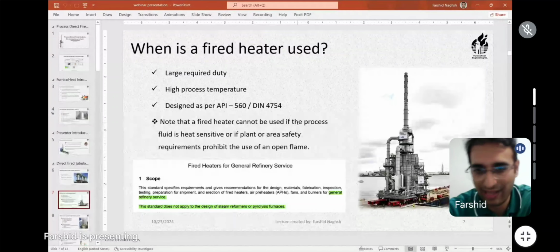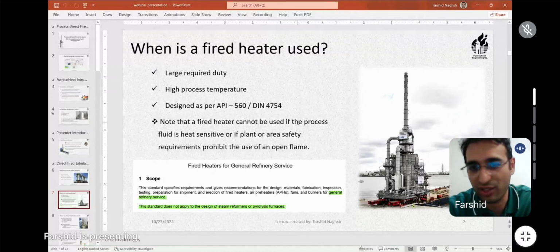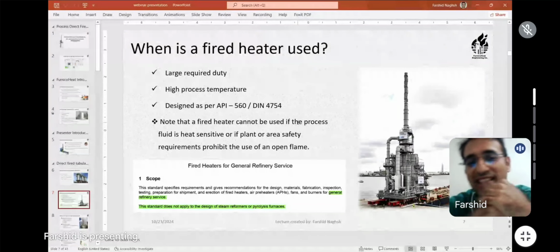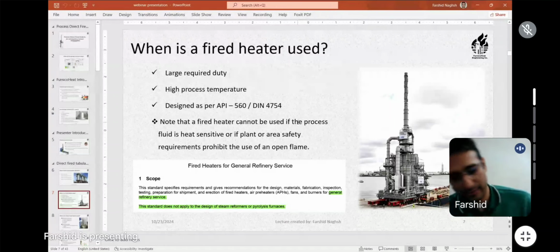Now the explanation. General refinery service. What does general refinery service mean? It is an explanatory sentence for the previous sentence. This standard does not apply to the design of steam reformers or pyrolysis furnaces.